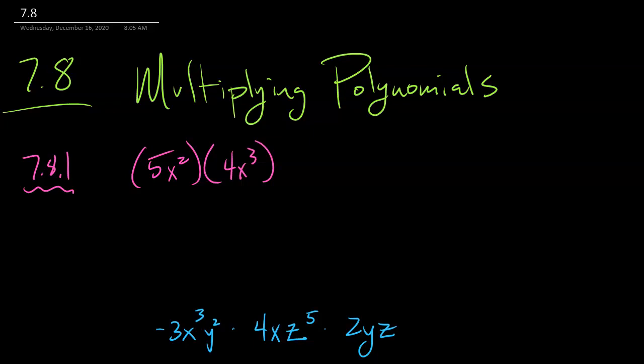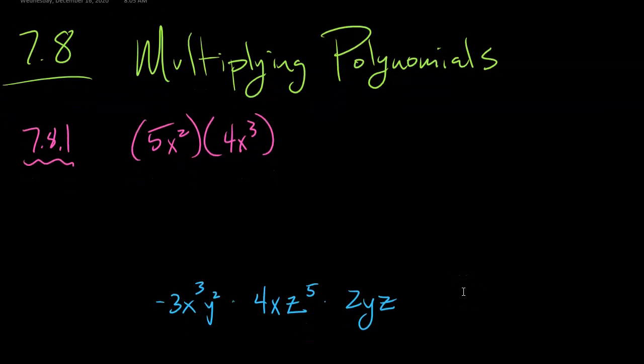So 7-8, the last regular section, is on multiplying things out. For a lot of you, you have a handle on this already, but this basically puts a lot of things together. So the beginning of 7-8, this would be example number 1. We've got 5x squared times 4x cubed.